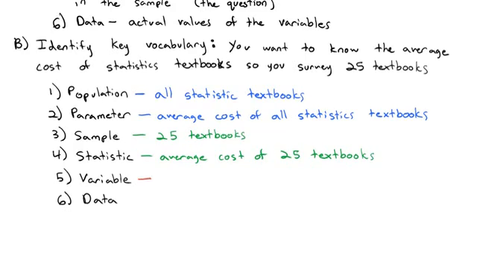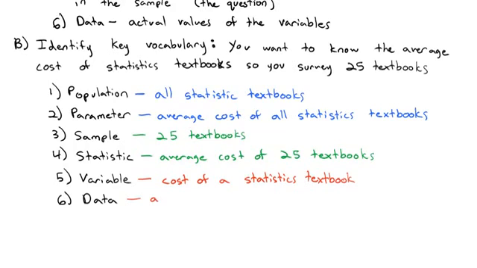Now the variable, that's the information I'm gathering. When I look at each textbook, what am I recording? Or the question, what am I asking with the variable? I'm asking the cost of a statistics textbook. And the data is the answer to that question, or the actual values of the variables.